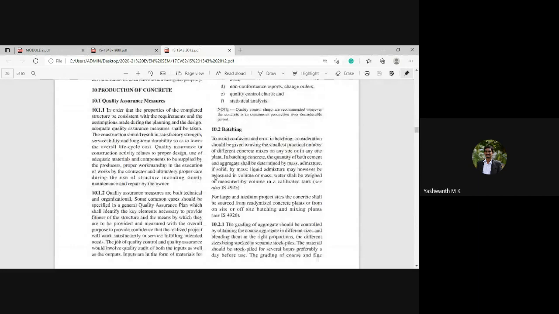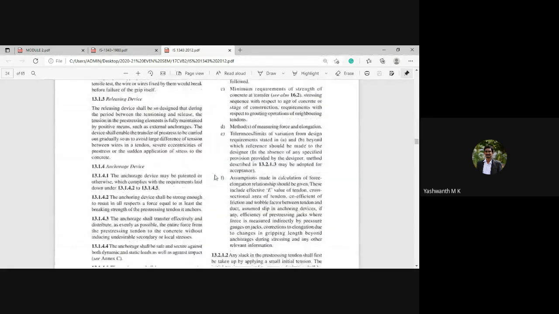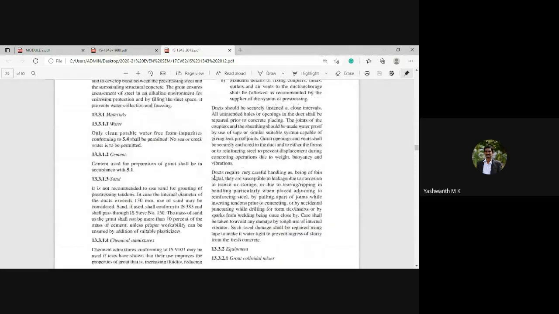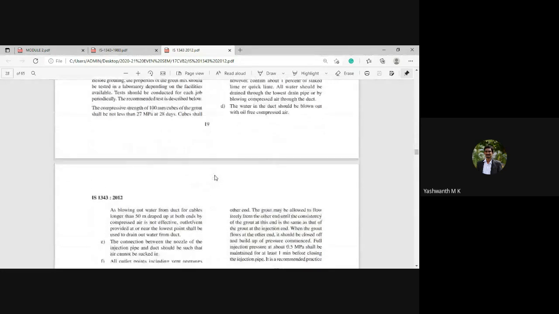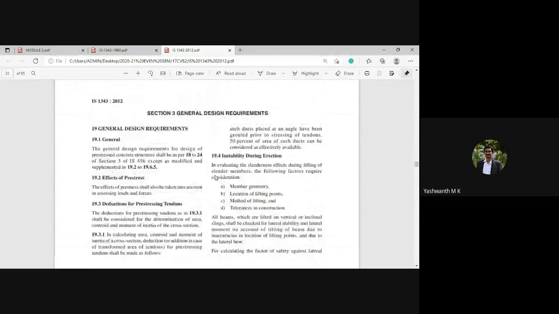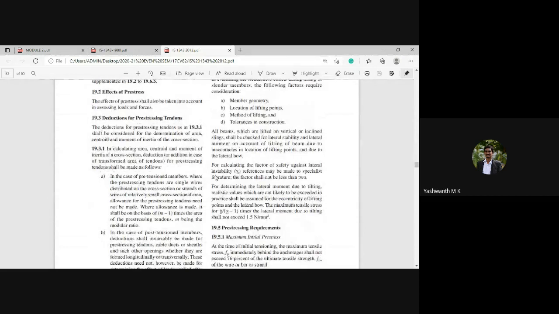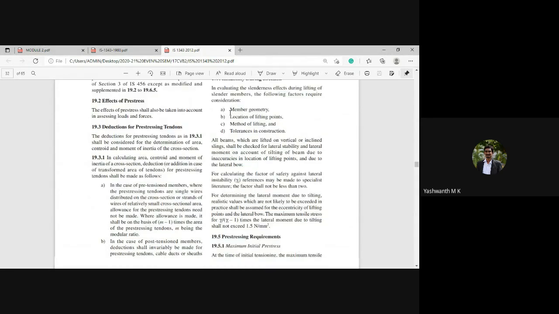So let me go ahead with today's topic, which I was discussing in the last session, that is loss of pre-stress, as per IS 1343:2012. Coming to section 3, please note down, in section 3, general design requirements, you will come across this loss of pre-stress part.